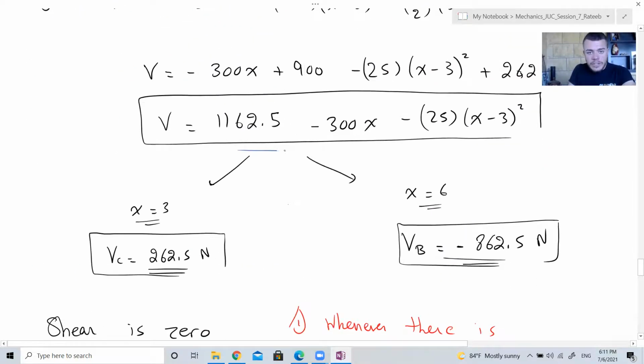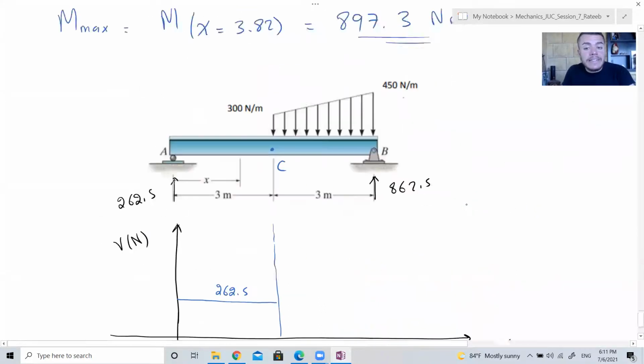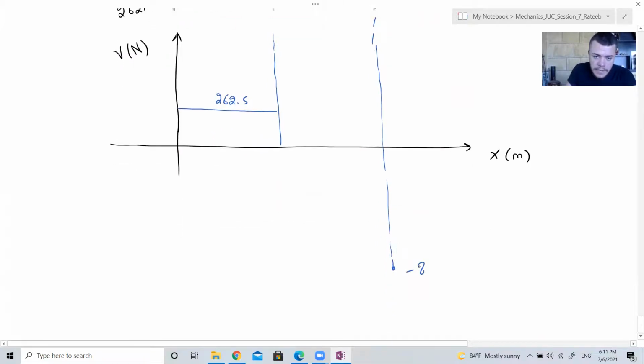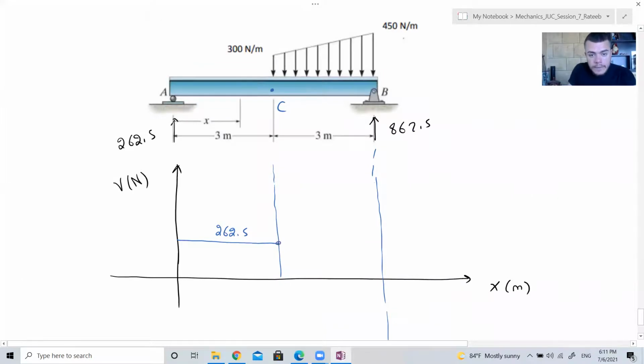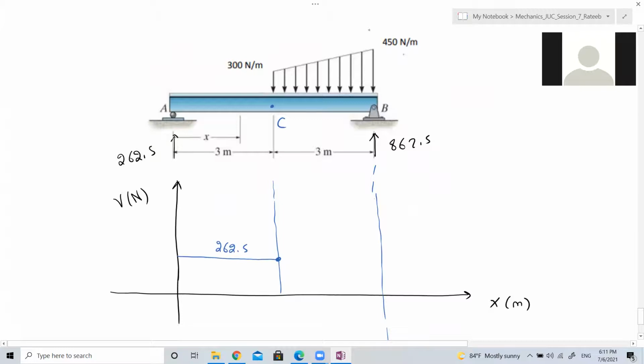This is the shear equation. So it starts from 262.5. It ends with minus 862.5. How do I join these 2 points? Straight line? It's not a straight line.